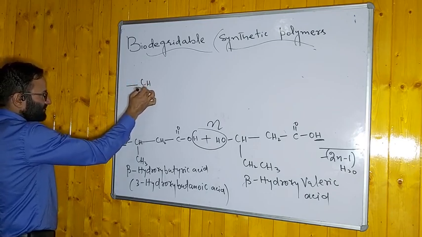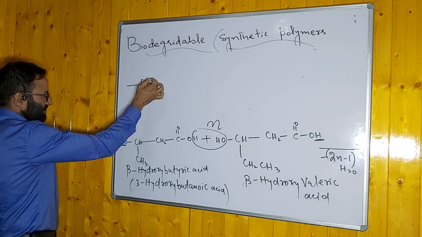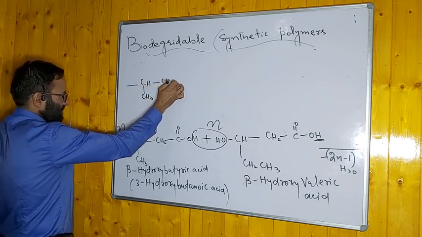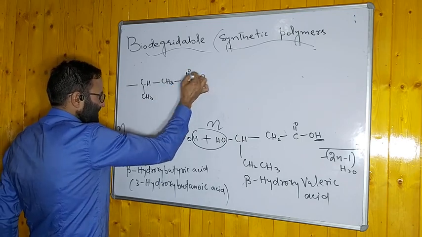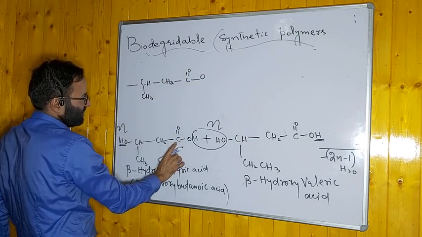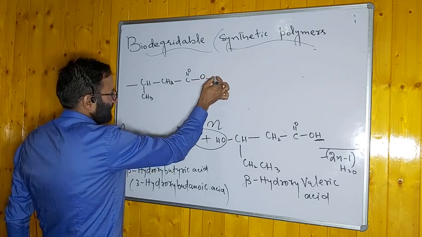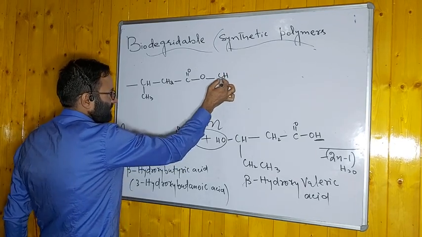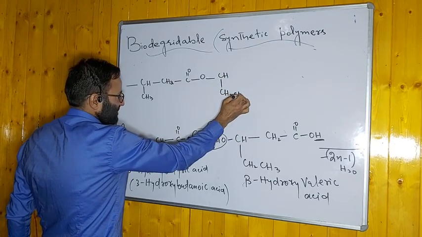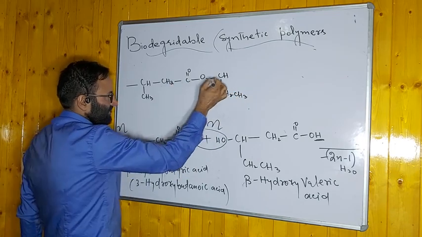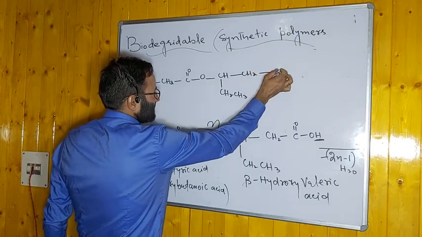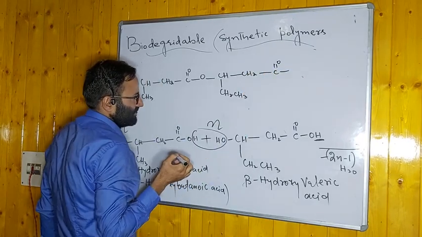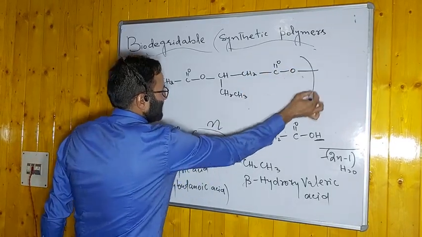CH, CH3, CH2, C double bond O, ester linkage is being formed, C double bond O. You will have CH, you will have CH2, CH3, you will have CH2, you will have C double bond O. This is the PHBV.